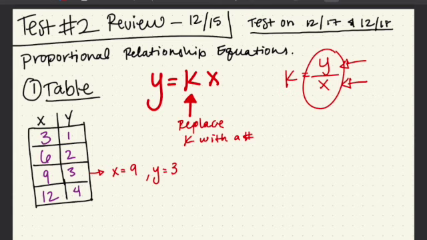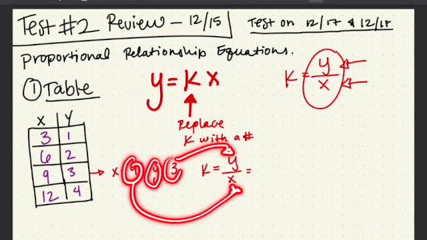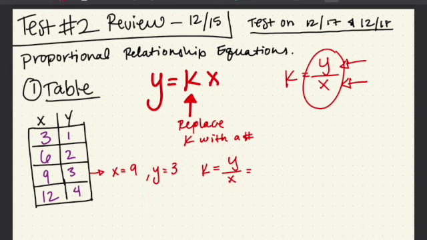So when we find k, k is going to be equal to y divided by x. If we substitute in these values, for y we replace it with 3, and for x we replace it with 9. We get 3 divided by 9, and that reduces and simplifies to 1/3. So our k value here is equal to 1/3.